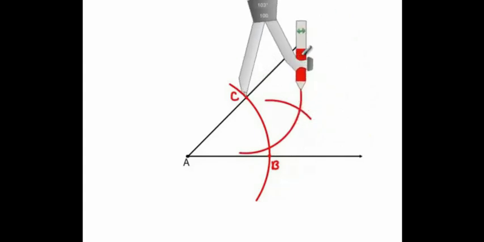The intersection of those 2 arcs will be a point on the angle bisector.